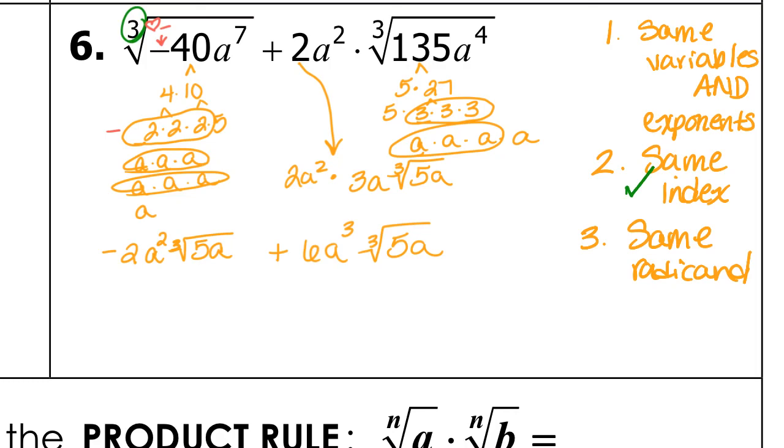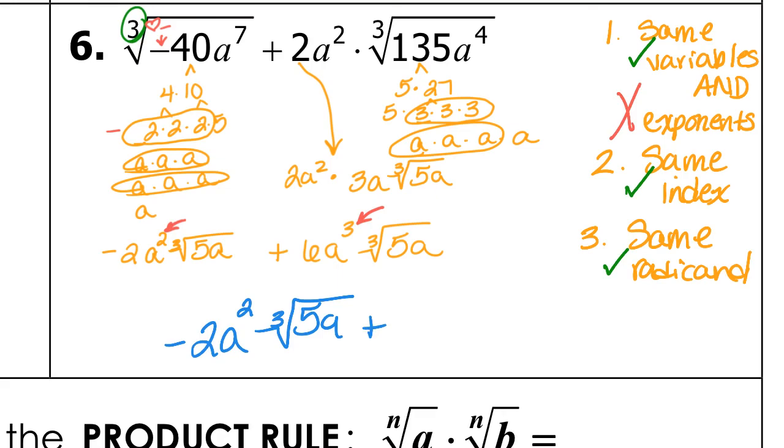My radicands are also 5a. They have the same variables in that they both contain a variable a. However, one of my variables is squared and the other variable is cubed, so they do not have the same exponents. Therefore, they cannot be combined, and my final answer is simply negative 2a squared cube root of 5a plus 6a cubed cube root of 5a.